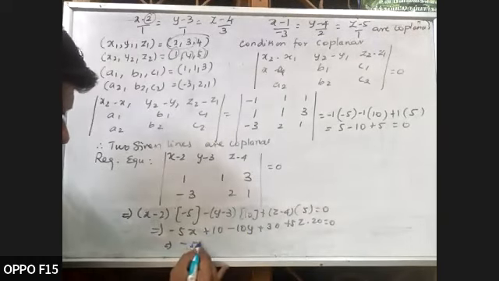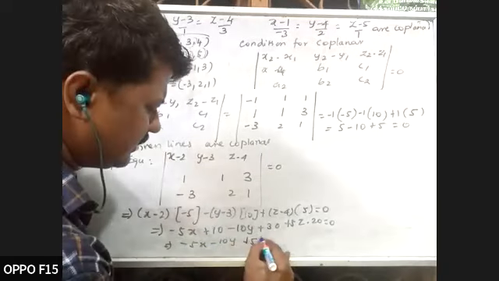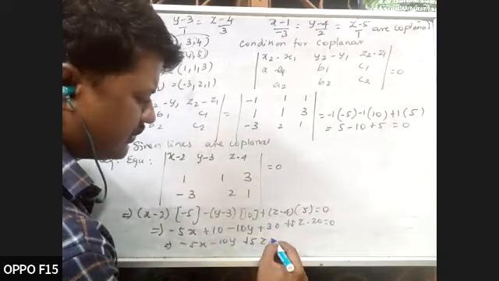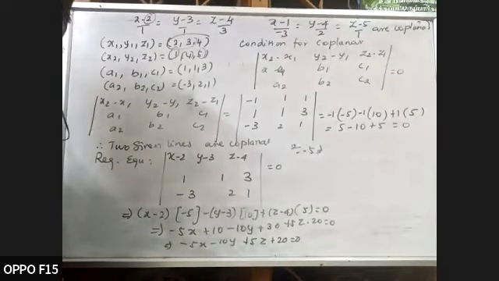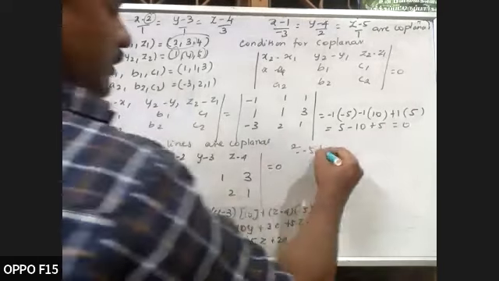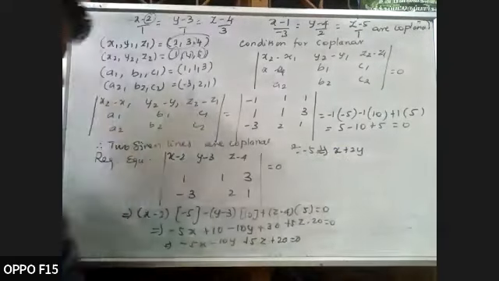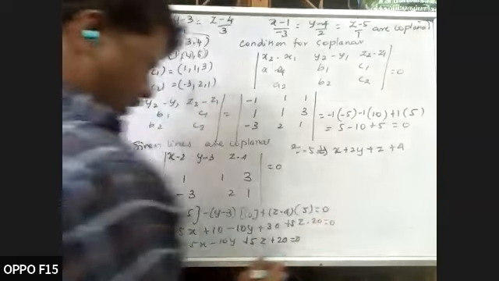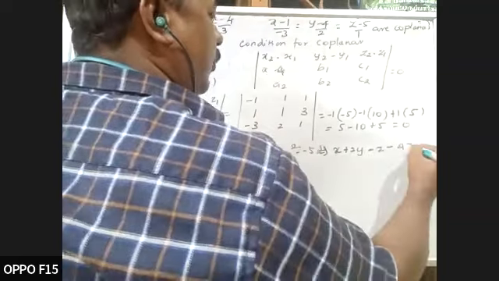This gives minus 5x minus 10y plus 5z plus 20 equals 0. Dividing by minus 5, we get x plus 2y minus z minus 4 equals 0.